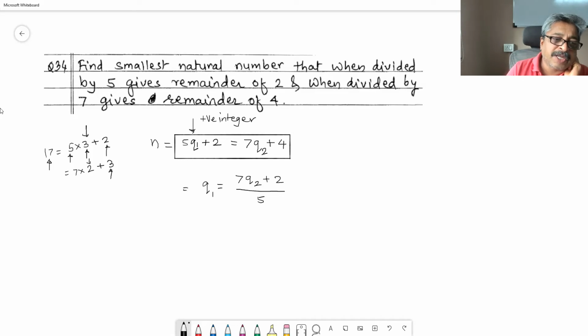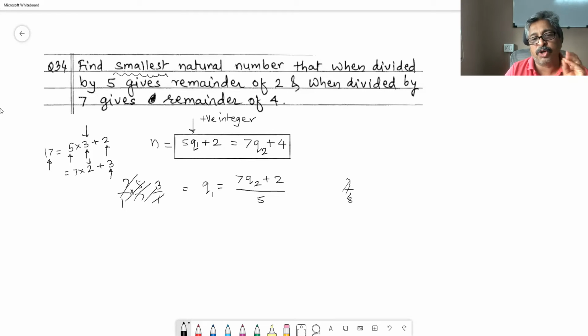Therefore, it looks like 3 upon 1, 5 upon 1, 7 upon 1, something like that. It will not look like a fraction such as 7 upon 5. It is an integer. And therefore, we should keep searching values of Q2 such that this becomes an integer, and we want the smallest natural number. Therefore, the smallest value of positive integer Q1 should do our job.